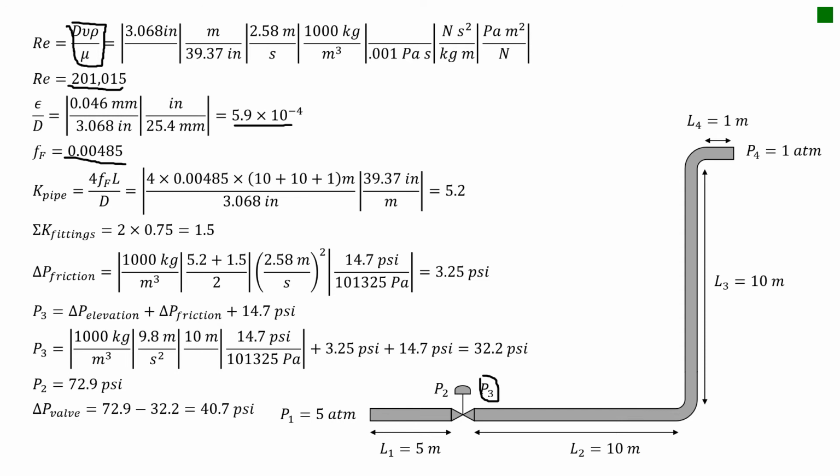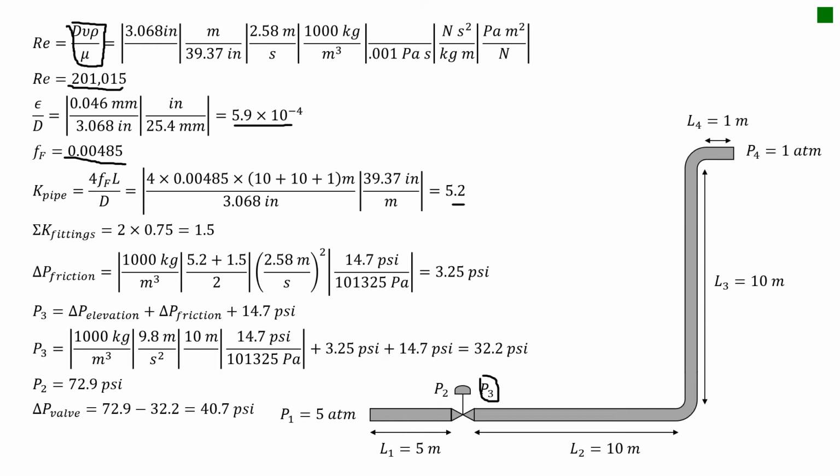The K value of the pipe is 4 times the Fanning friction factor times the length of the pipe divided by the diameter. The total length of my pipe is L2 plus L3 plus L1, which is a total of 21 meters of pipeline. Using our diameter and converting that into inches, we find that our K value for the pipe is 5.2.